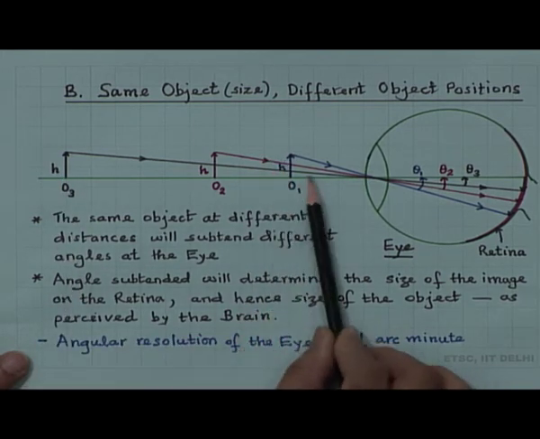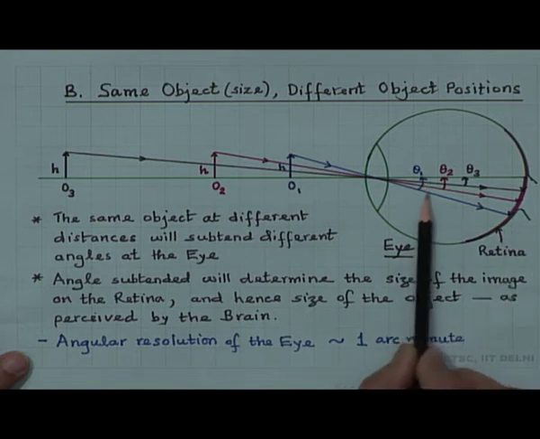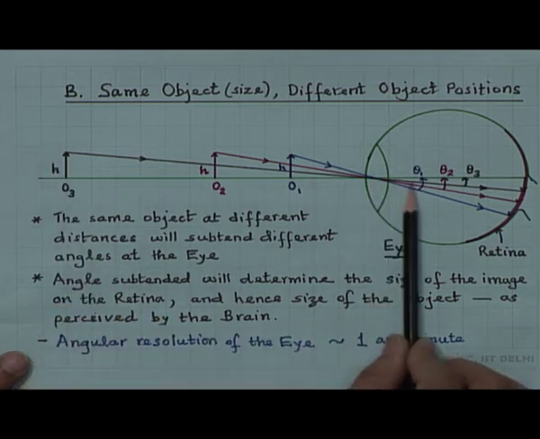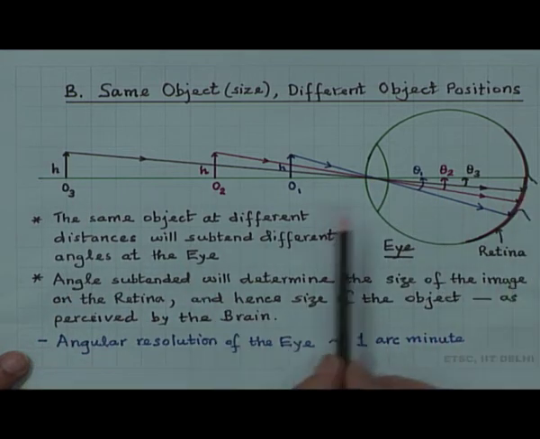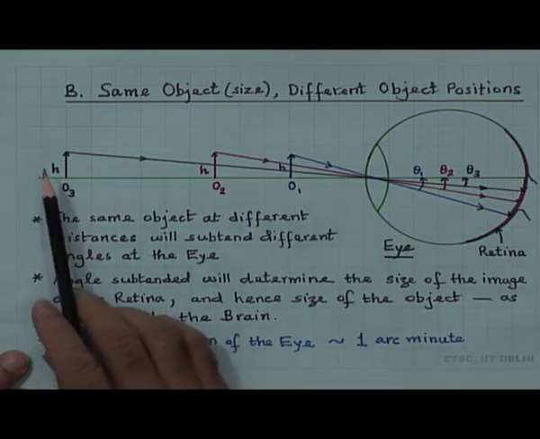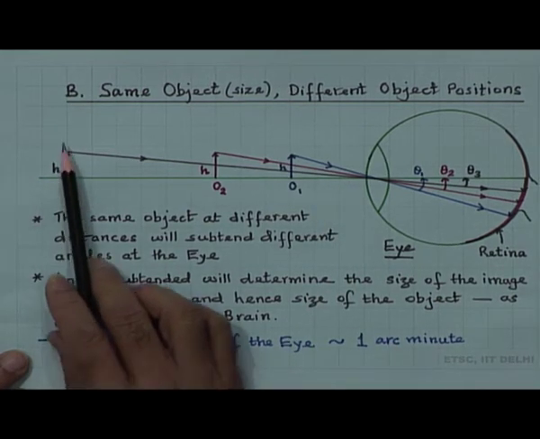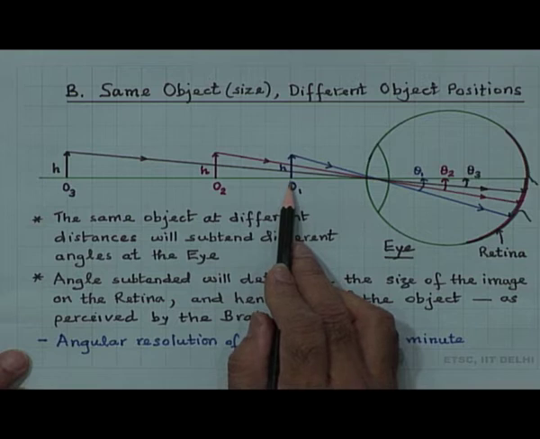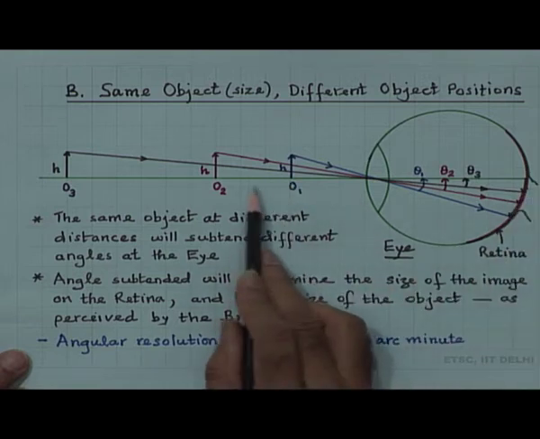An object which is nearer subtends a larger angle, and the same object as it goes away subtends a smaller angle at the eye, which means the same object is sensed by a smaller area of the retina, which means a smaller number of rods and cones, as compared to a larger number of sensors in the case of the same object when it comes closer.